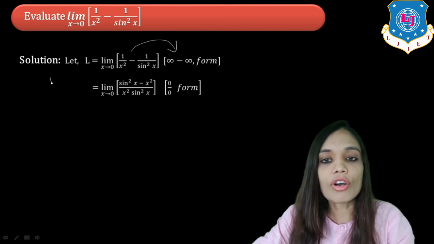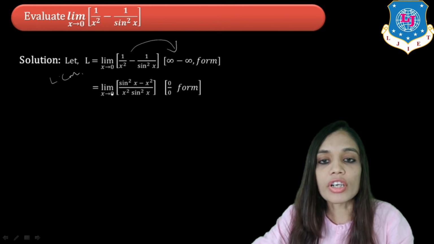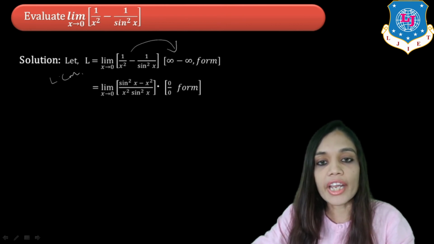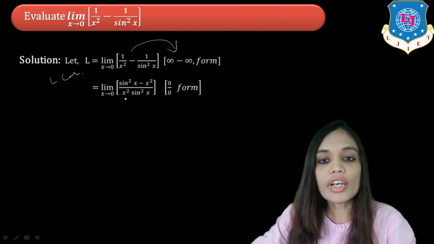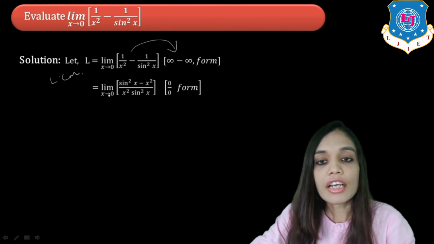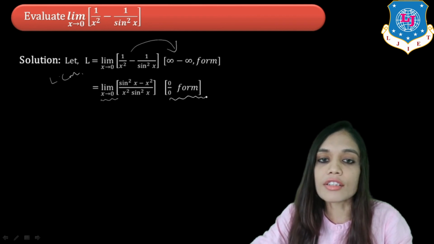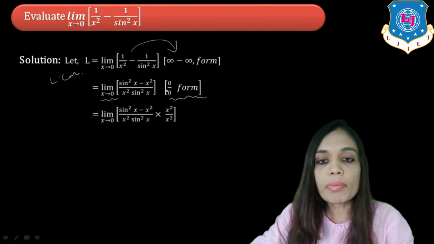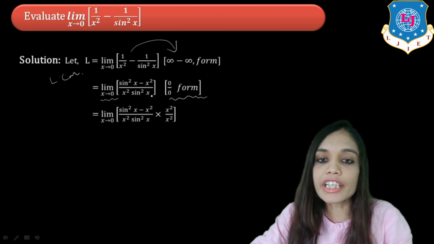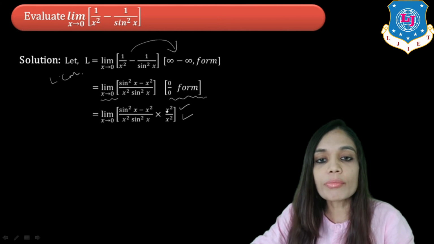So now take your LCM. So on taking LCM, you will get limit x tends to 0, sine square x minus x square upon x square sine square x. Now if you put x is equal to 0, you will get 0 by 0 form. Now before applying L'Hopital's rule, we will multiply and divide by x square to make our sum easier.